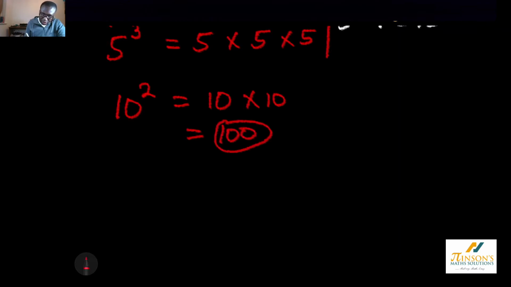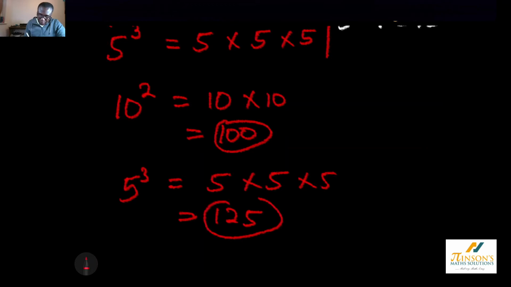So 10 squared is 100. I have evaluated 10 squared. If I want to work out what 5 cubed is, it's 5 times 5 times 5. 5 times 5 is 25, times 5 is 125. I have evaluated what 5 cubed is.